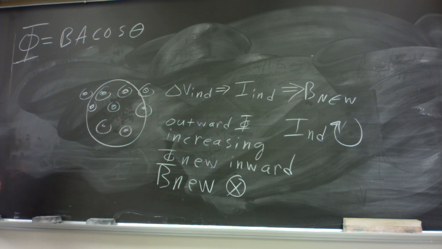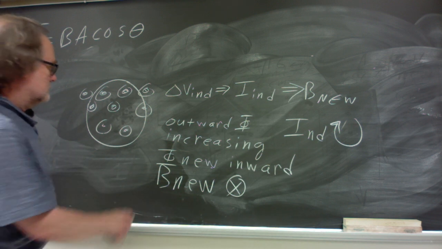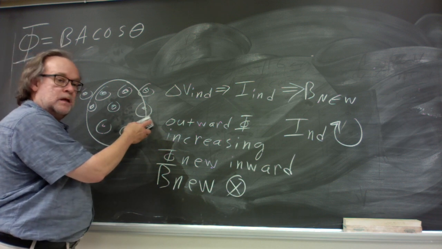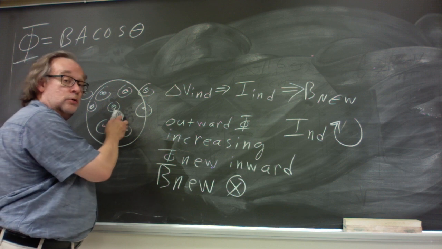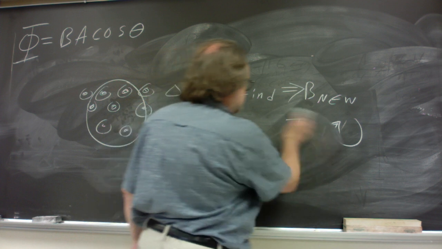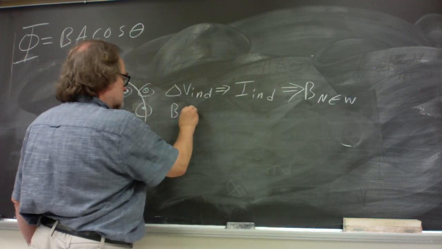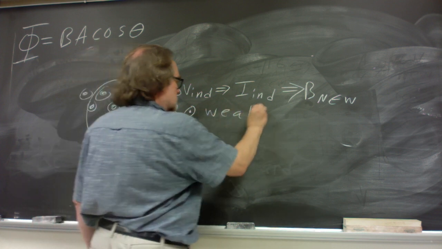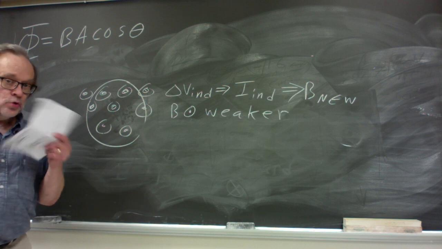Okay, let's look at a slightly different example here, just slightly different. Let's say this was for this kind of field getting stronger. Let's just take the opposite case. The original field, instead of getting stronger, is now getting weaker.